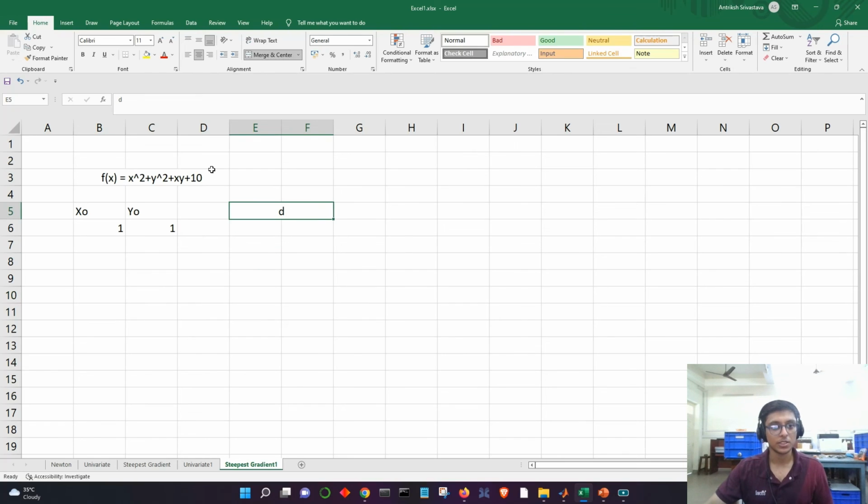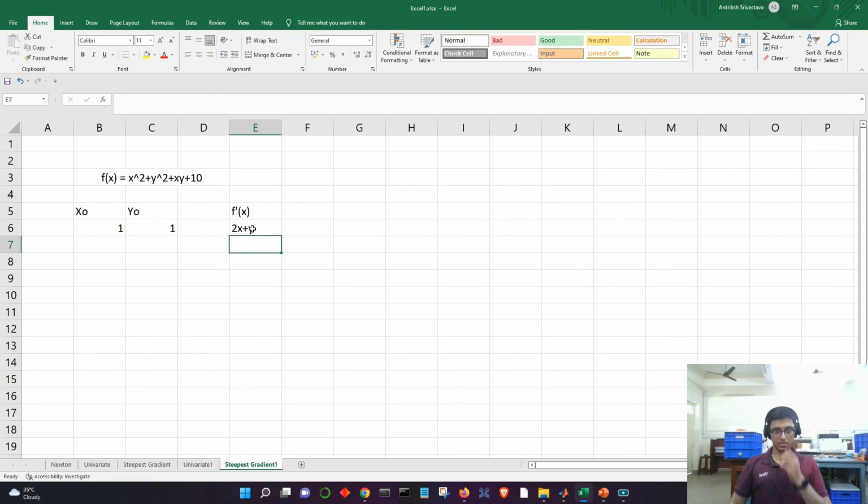I don't think I should have written it like this. Maybe I will write here f dash of x. It is just the partial derivative that we have already calculated. With respect to x, it will be 2x plus y. Yes, correct. And with respect to y, 2y plus x.